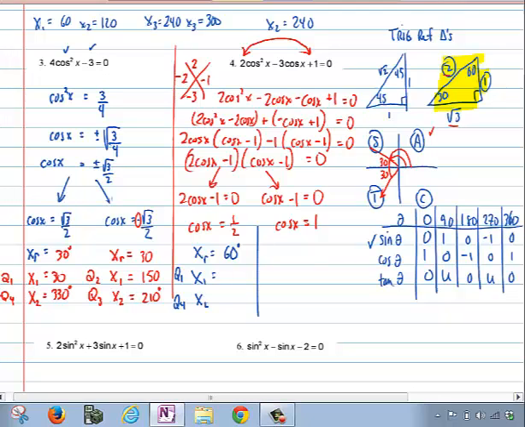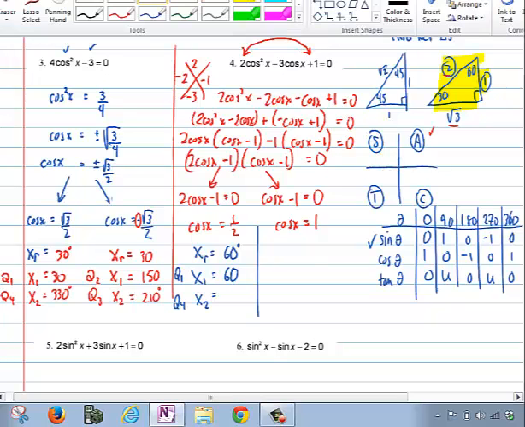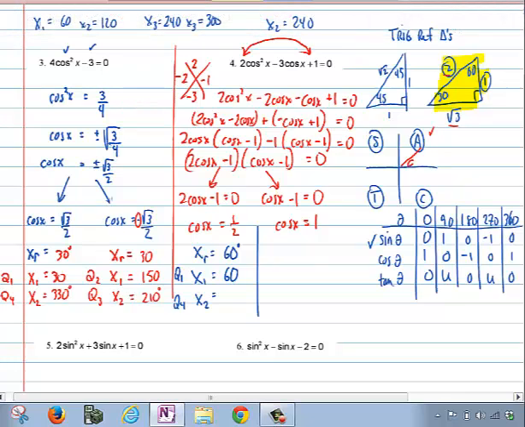And doing what we did before, the first angle is going to be 60 degrees in quadrant 1. And the second angle is going to be 300 degrees in quadrant 4.